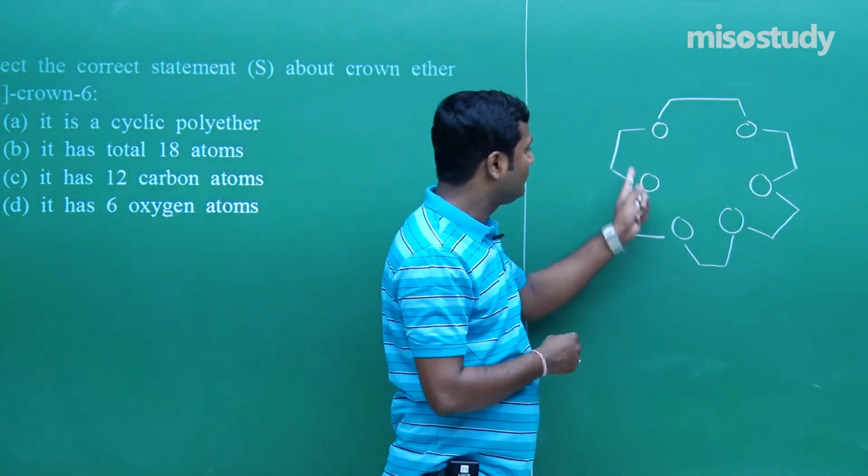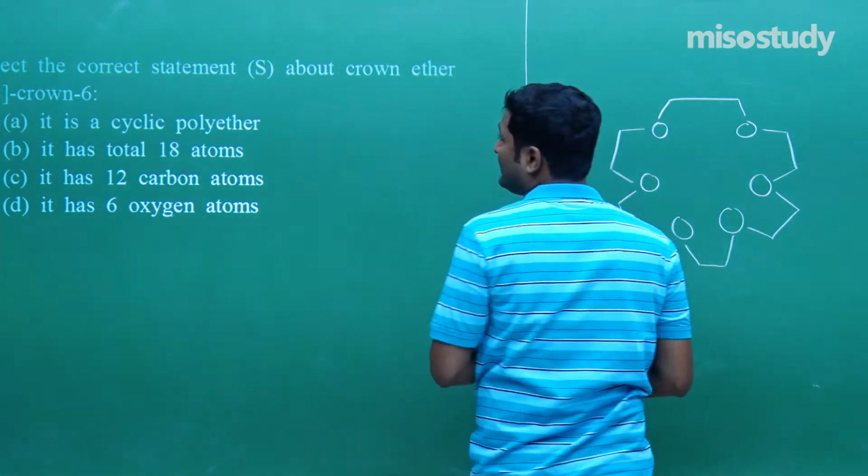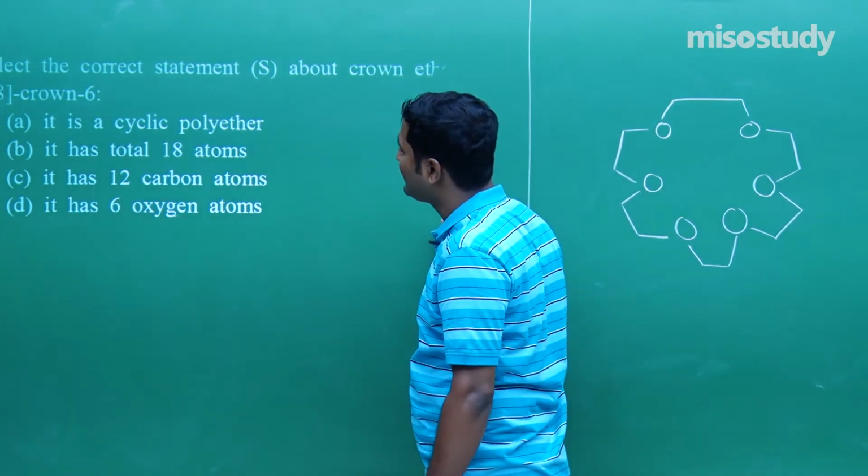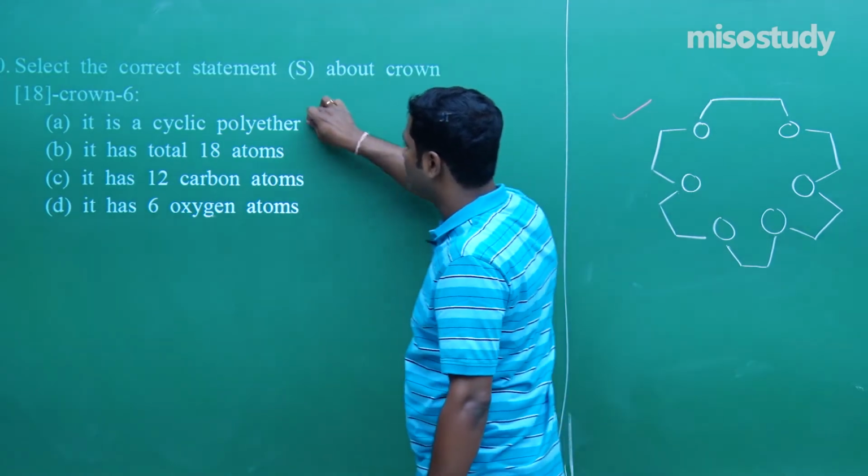Count the number: 1, 2, 3, 4, 5, 6. That is, it is crown 18, crown 6. It is a cyclic polyether. Yes, this one is correct.